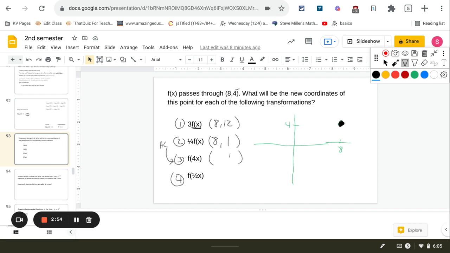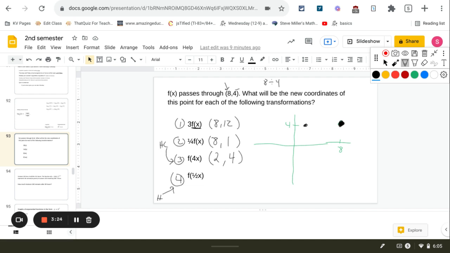So it's still going to be a 4 on the y value, but I'm bringing the x coordinate in by a factor of 4. So I need to take this 8 and divide it by 4, which is going to make that a 2.